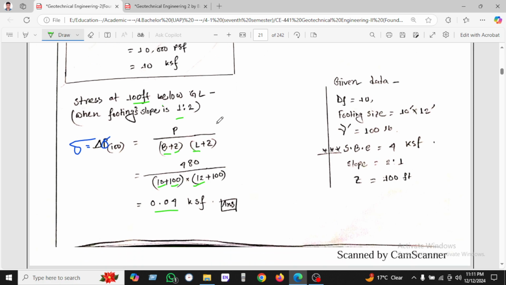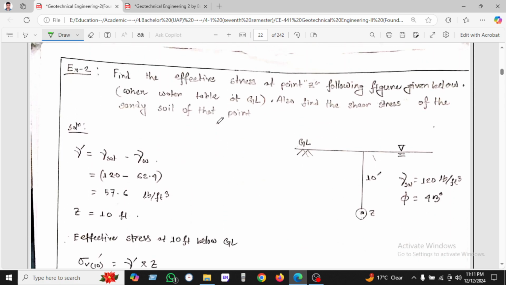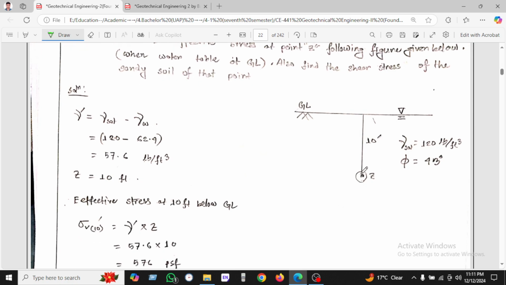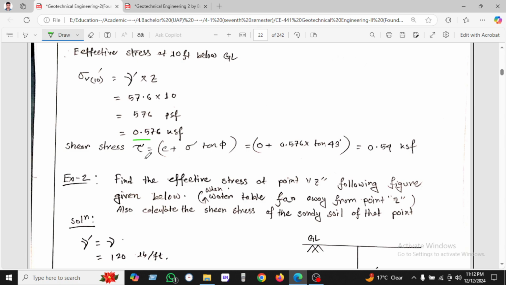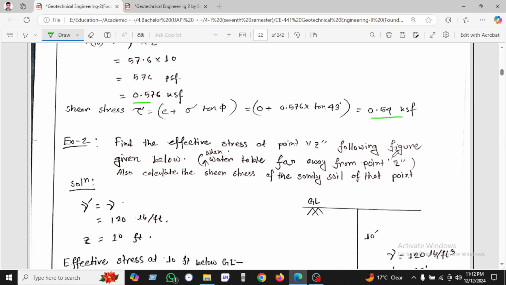So we can see here another example which is given. Find the effective stress at the point Z in the given figure when the water table is at ground level and sandy soil. So this is the Z, and the depth is 10 feet, and all the parameters are given, and found the Z is 10 feet. Effective stress at 10 feet is 0.57, and the shear stress is C plus sigma stress into tan phi, and found 0.54.